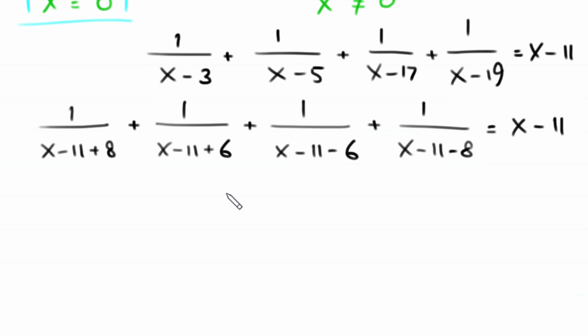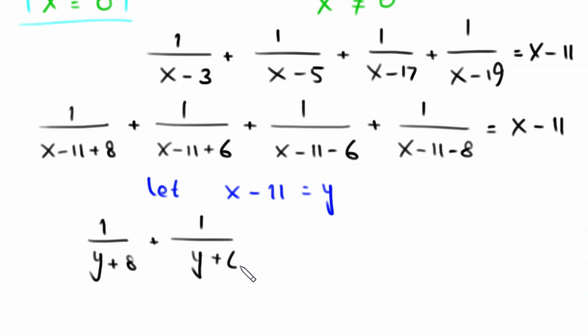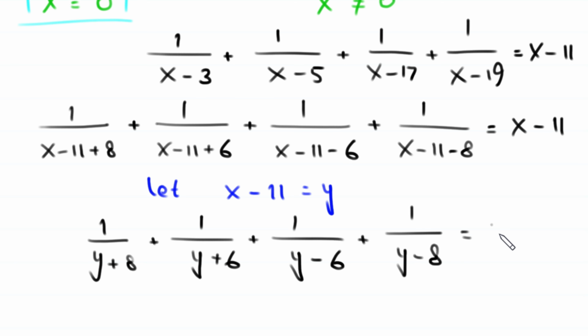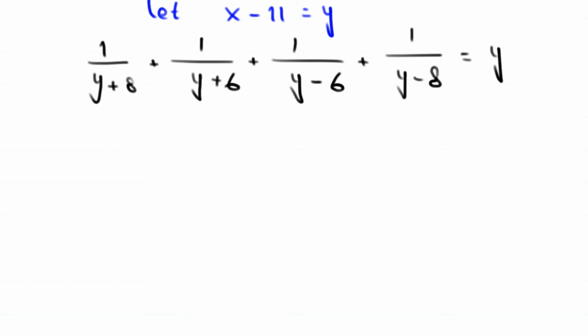Suppose we let x minus 11 equal to y. So the equation will become 1 over y plus 8 plus 1 over y plus 6 plus 1 over y minus 6 plus 1 over y minus 8 equal to y.